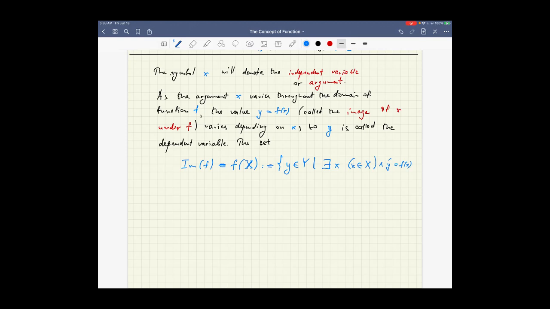It's an overly formal definition. We can make it simpler. Image of f, being again f of capital X, simply is apply f to every element of the domain, x in X.